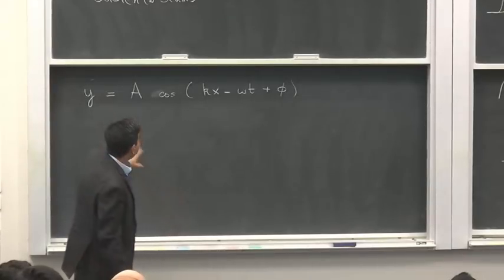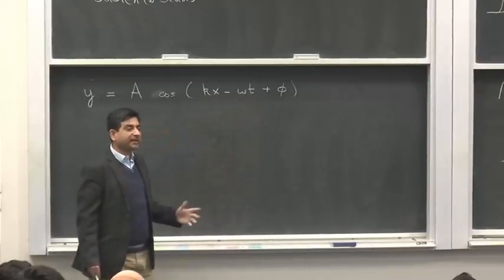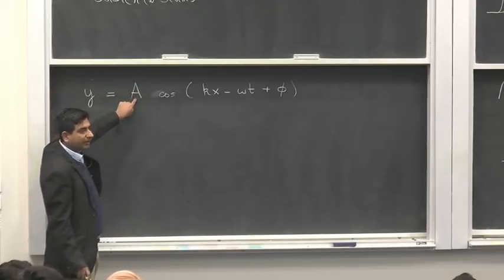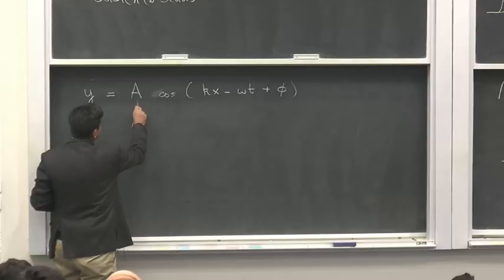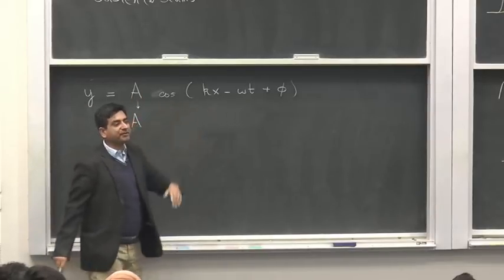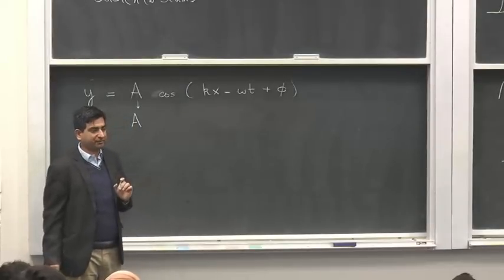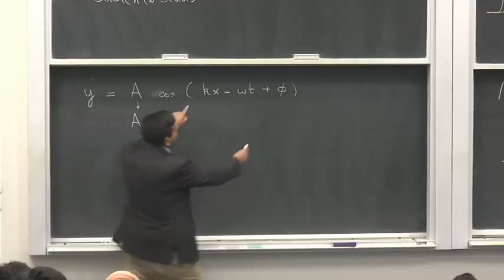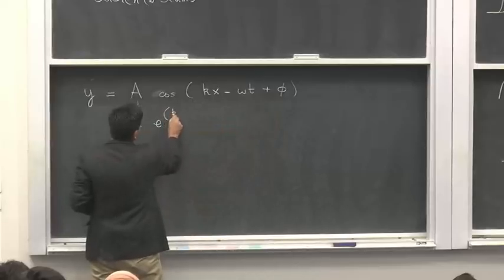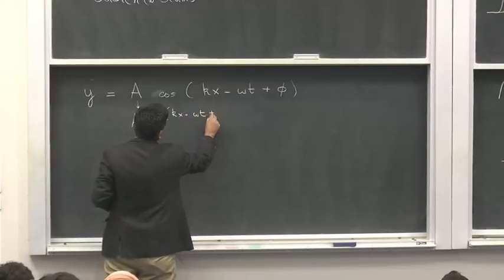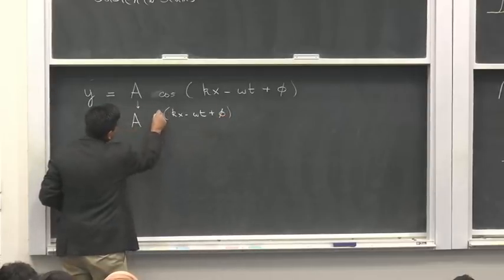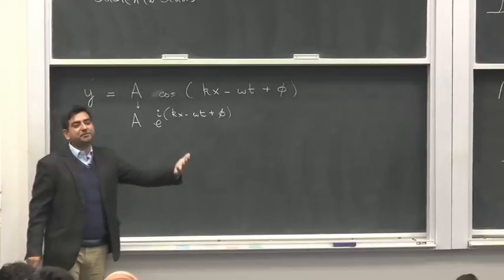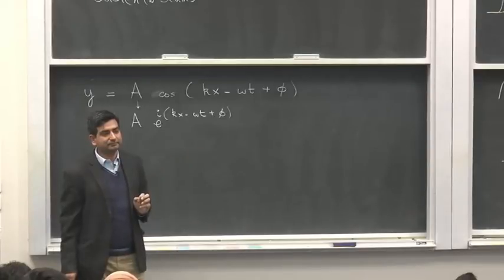Now, if I would like to represent this by a complex number, what generally is done is, this is just a scalar, so I write this as A. And instead of this trigonometric function, I write it as an exponential function: e raised to the power of iota times (kx minus omega t plus phi).